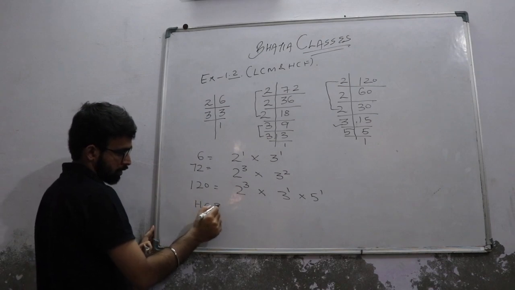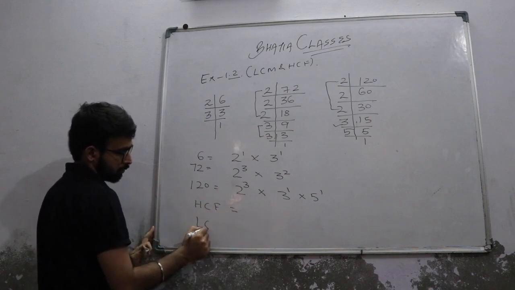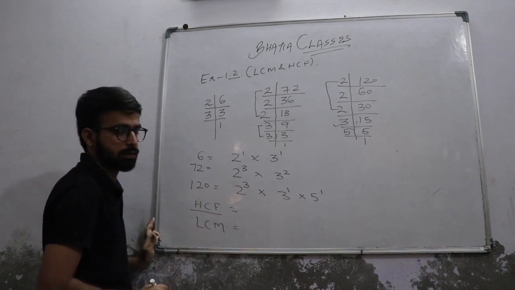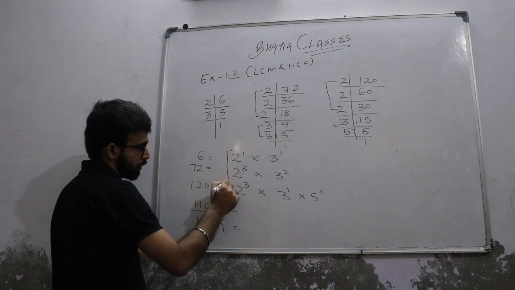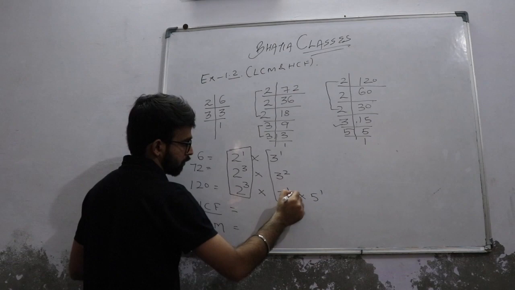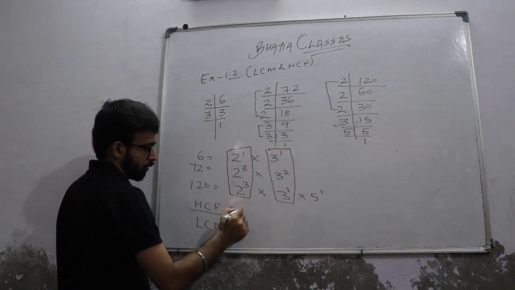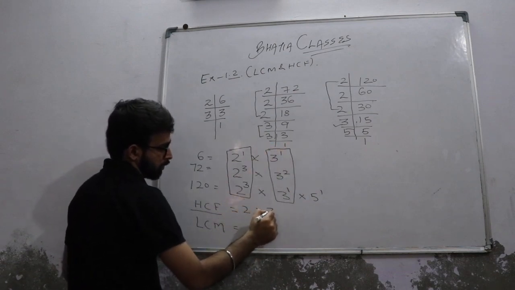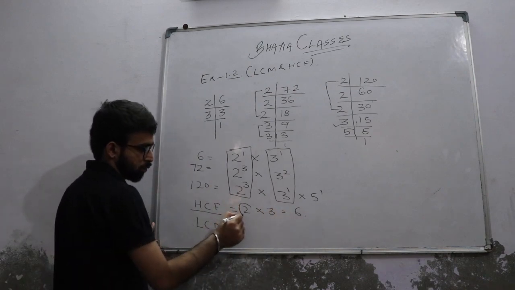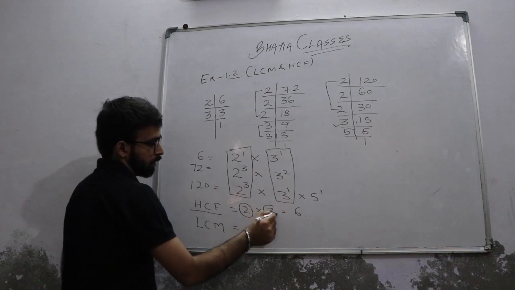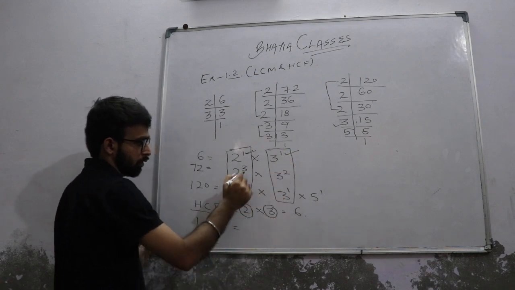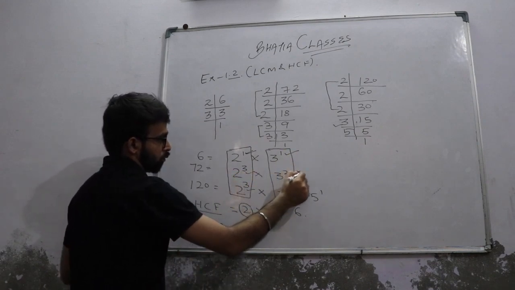Firstly HCF and then LCM. Let's start with HCF. 2 is common in all three, and 3 is also common. Therefore 2 multiplied by 3, HCF is 6.